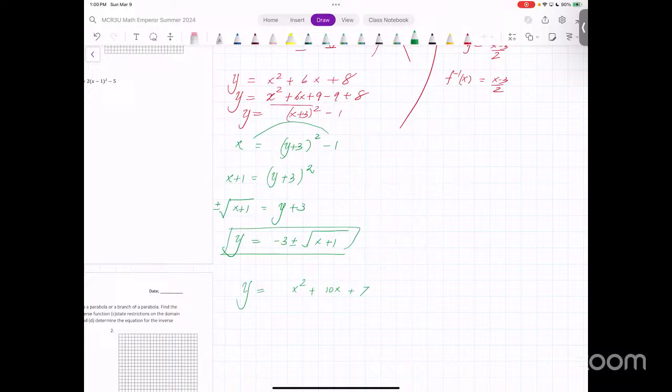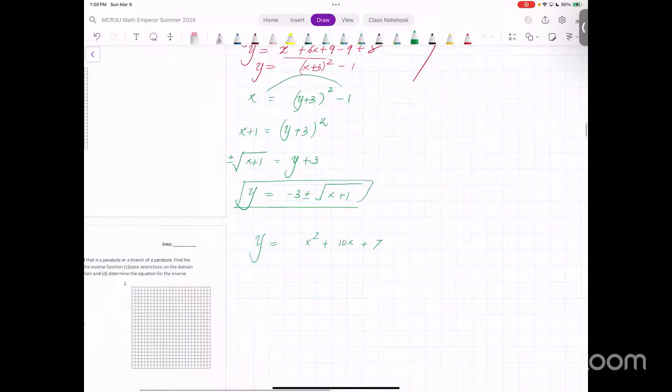All right. I think you guys got the idea of completing the square, which is good. We need to see how to find the inverse. So y is equal to, what is half of 10? 5, 25.